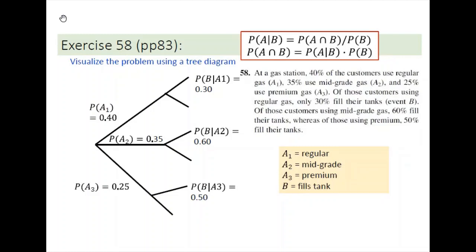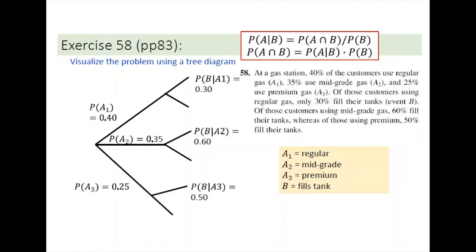Now look at this exercise 58 from your textbook, page 83. At a gas station, 40% of the customers use regular gas, 35% use mid-grade gas, and 25% use premium gas. Of those customers using regular gas, only 30% fill their tanks.